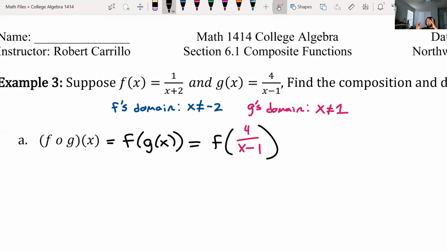So this is function g that we are now going to plug all of this in for function f, in for x. Okay, so this is what we're going to have.